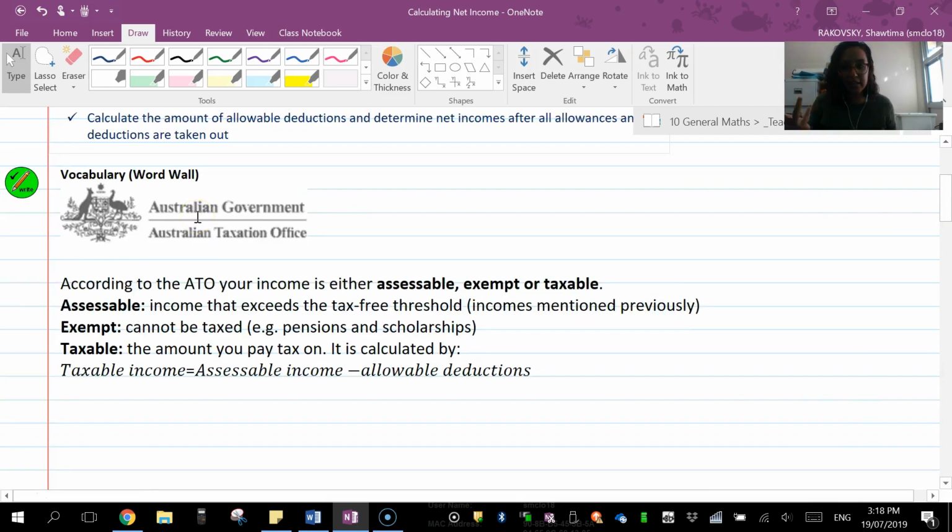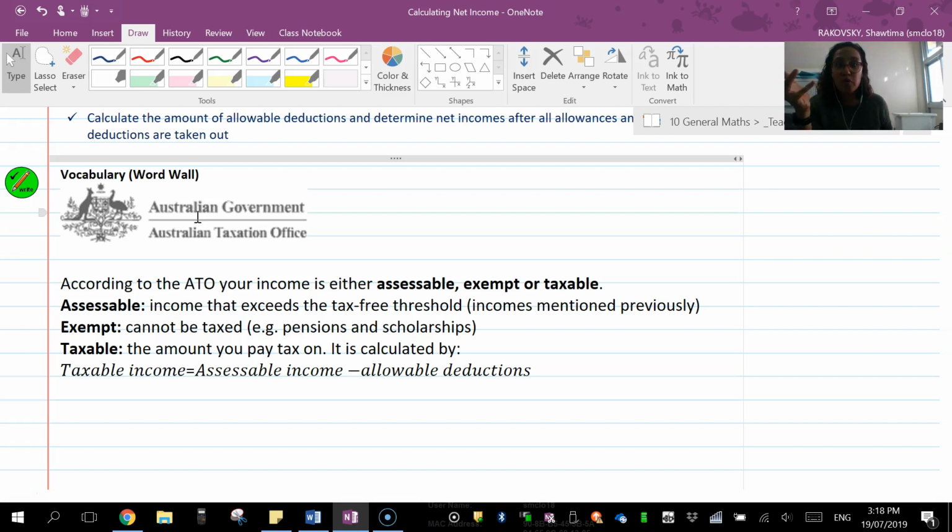So, the Australian Taxation Office: you get taxed, and that comes out of your income before you get it, and that money goes towards infrastructure, our healthcare system, and also how our roads are serviced, parks, lots of things. Anyway, that is assessed based on your income.